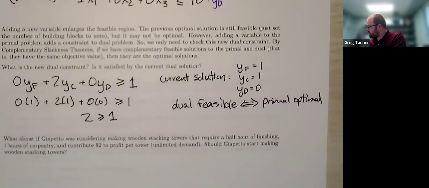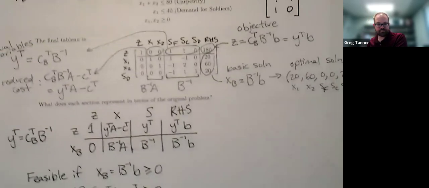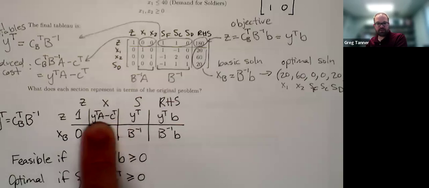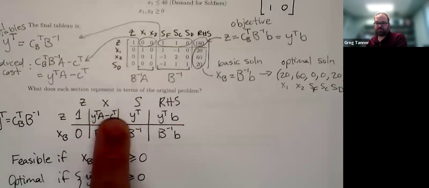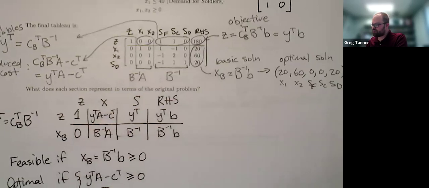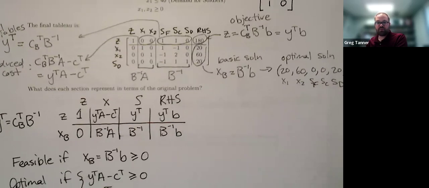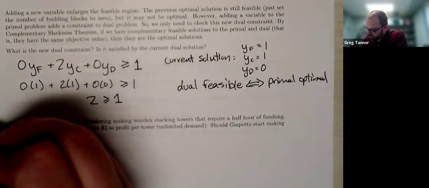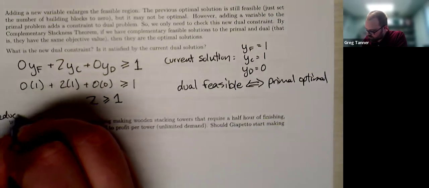We can think about looking at the reduced costs. The reduced cost here is y transpose A minus C, and that would give us all the reduced costs. But if we think of the reduced cost corresponding to this new product, think about it in terms of reduced cost.